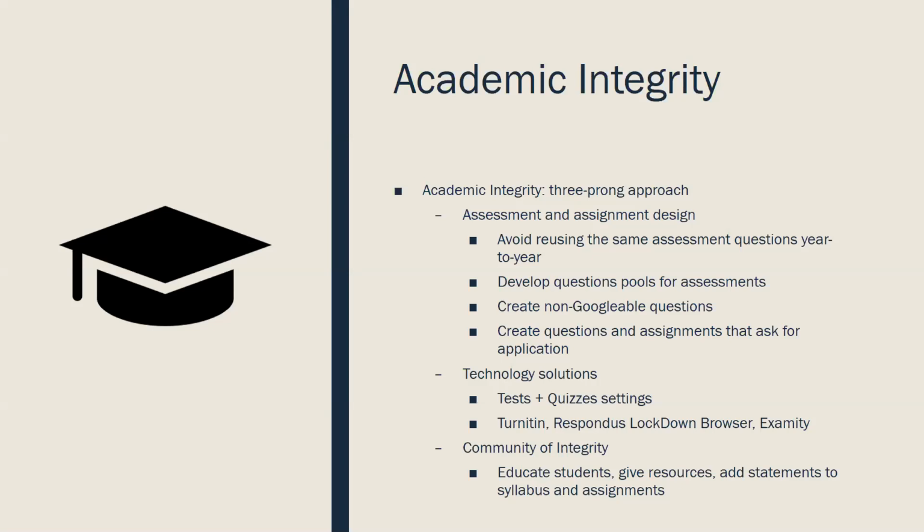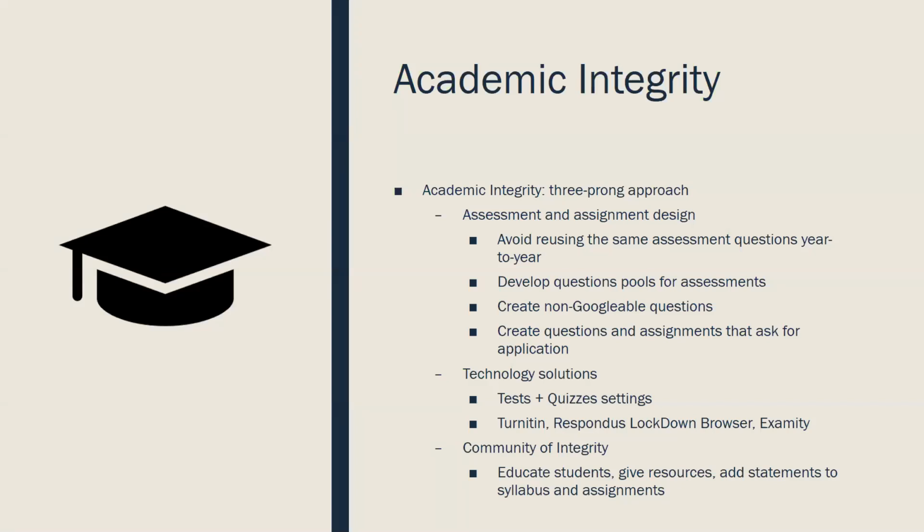So we strongly encourage the development of question pools, which is a feature within Sakai that we will take a brief look at. So this means taking an initial test and adding some new questions to it. It might be as simple as adding 5 new questions, which creates a larger pool of overall questions that the test can be created from.